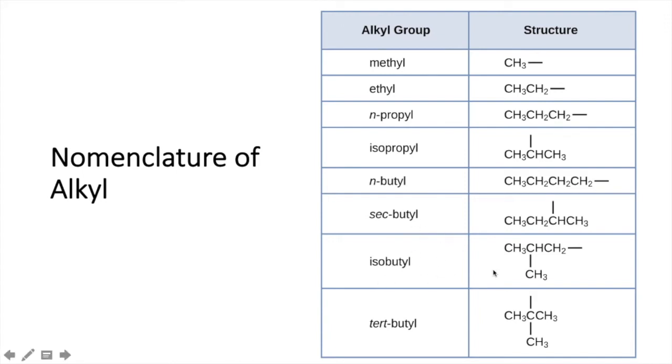And isobutyl is when the C is connected to the primary C, and then tertiary butyl is when the butyl is connected to the tertiary C. This is the tertiary C.